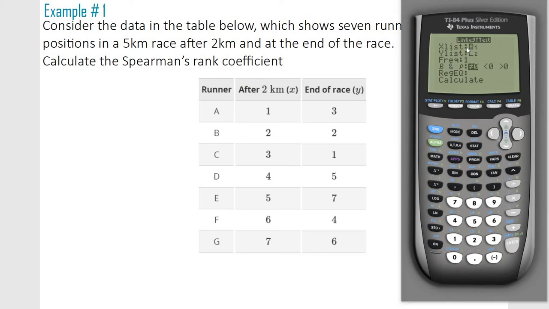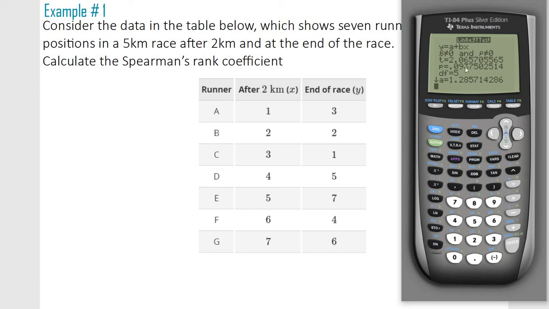Make sure you type in your information correctly. So you have List 1, List 2, frequency, default is 1, and you want to make sure that they're not equal. We're not going to deal with the other ones, so not equal. Here we calculate and you get this information. You want to see the rank coefficient.